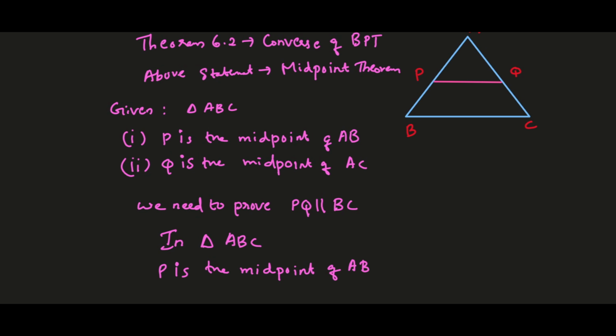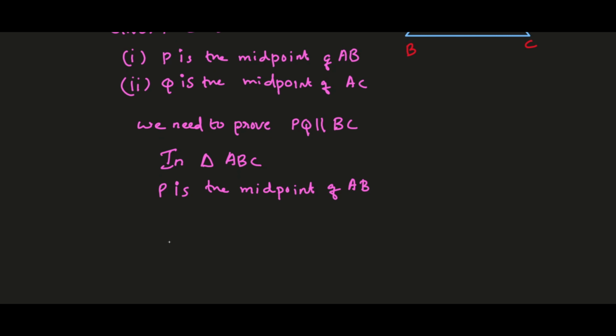So we can write AP is equal to BP. So AP by BP is equal to 1. This is taken as equation number 1.